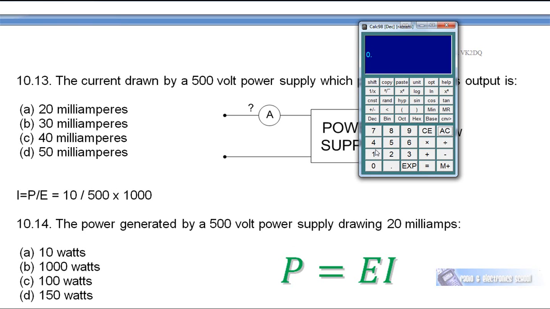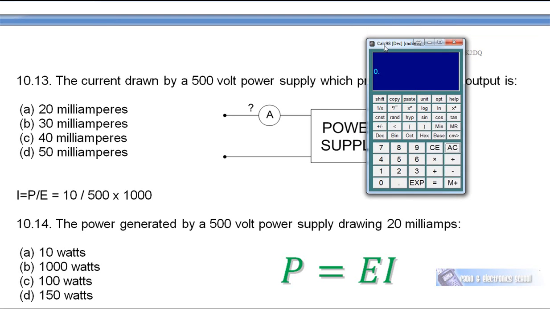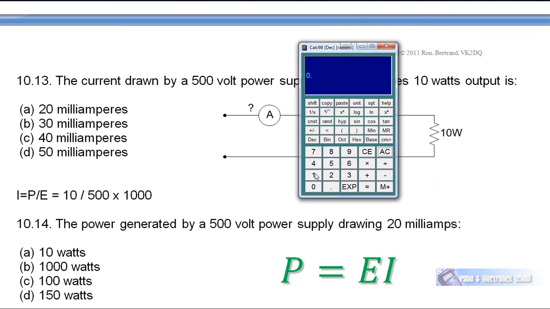So we're saying 10 watts divided by 500 volts equals 0.02 amperes, but now we want to convert it to milliamperes, and to do that we multiply by 1000 because all the answers are in milliamperes. Multiplied by 1000 equals, and the answer is 20 milliamperes.